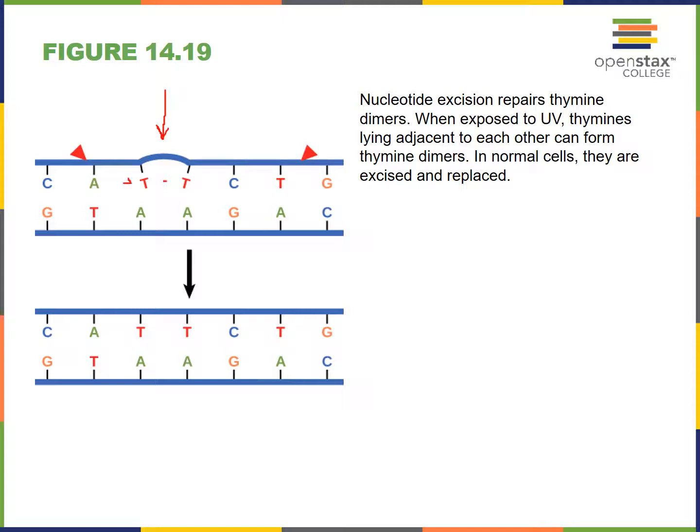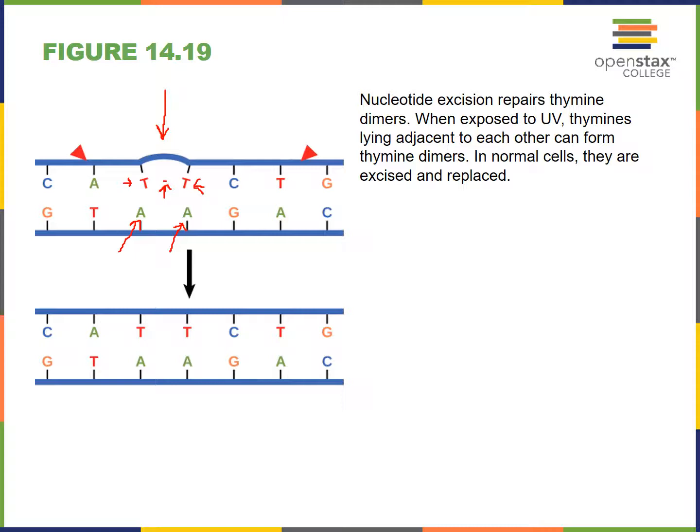If two thymines are next to each other, if you add UV light, they can form a covalent bond between the two of them, which means they're no longer hydrogen bound to the adenines on the other side. And this definitely interferes with DNA replication further down the timeline.